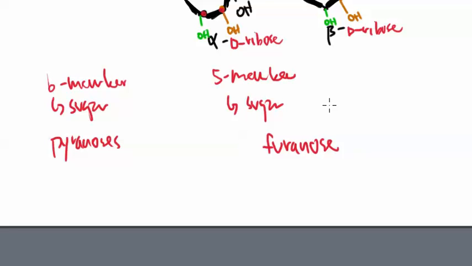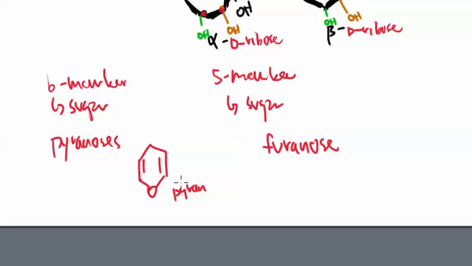If you want to know what the structure of pyran looks like, pyran is this six-membered ring with an oxygen in it, and there's a double bond here and here. This is what we call pyran, and this is where pyranose comes from.